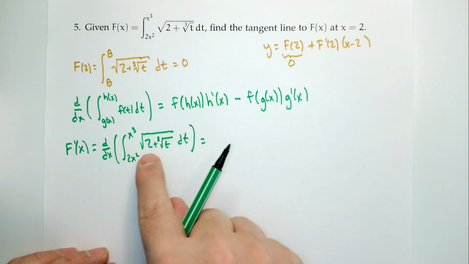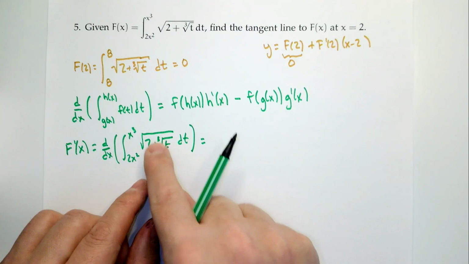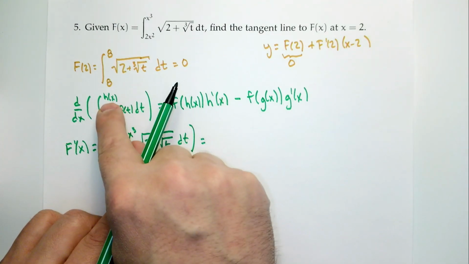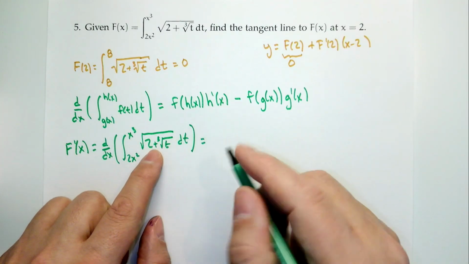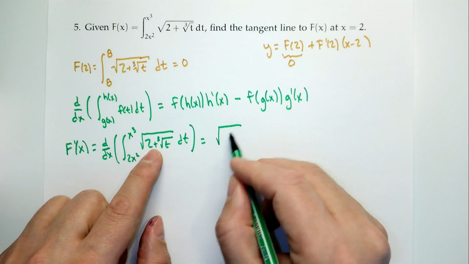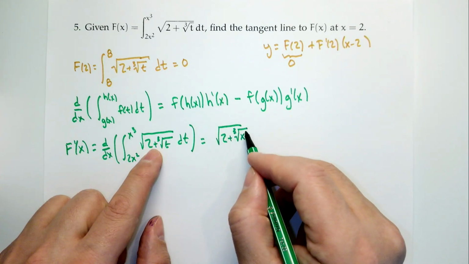That's the inside function. The rule says take your upper bound function h of x, in our case x cubed, and plug it into your original function. So the square root of 2 plus the cubed root of x cubed.